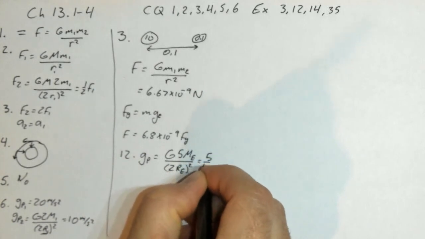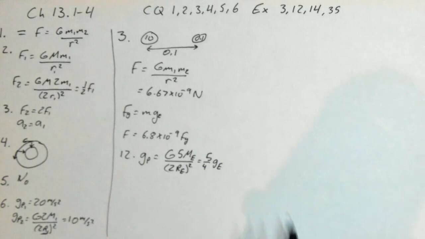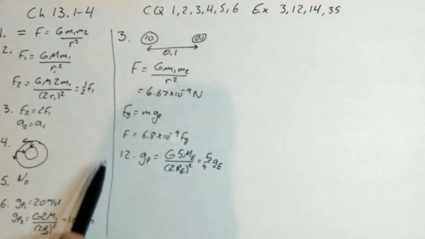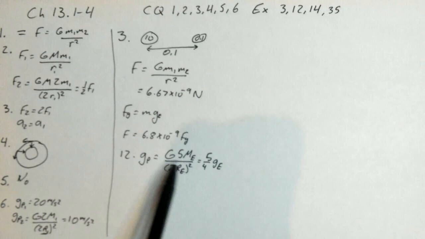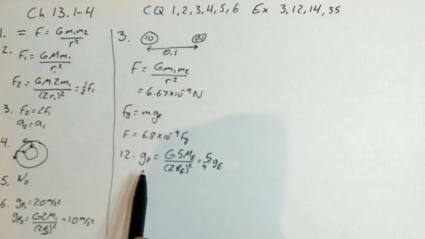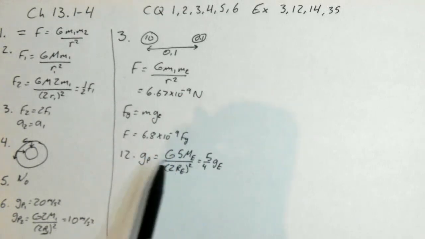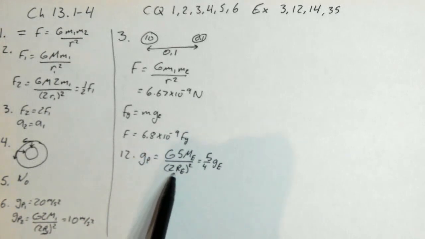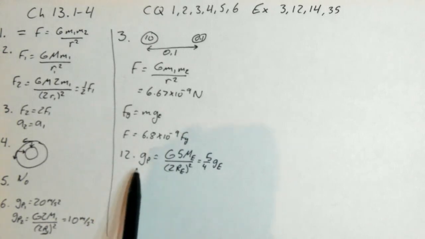So 5 over 4 times g of the Earth, 5/4 of 9.8. So again, what is little g? Little g is the gravitational acceleration of an object, but it depends on what object is doing the pulling and where you're measuring it. Generally we refer to it at the surface, so we plug in the radius, but not necessarily.